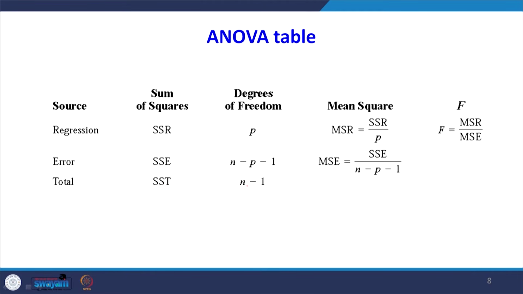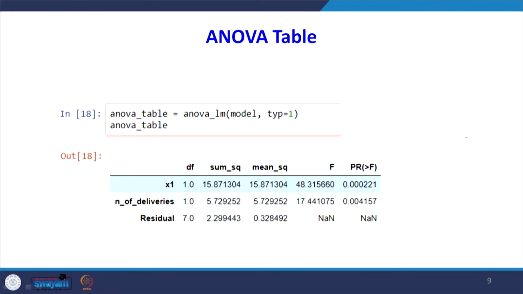When you subtract p, n minus 1 minus p is n minus p minus 1. So, MSR is SSR divided by p, and MSE is SSE divided by n minus p minus 1. F equals MSR divided by MSE. This is the F value which we got in our ANOVA output.